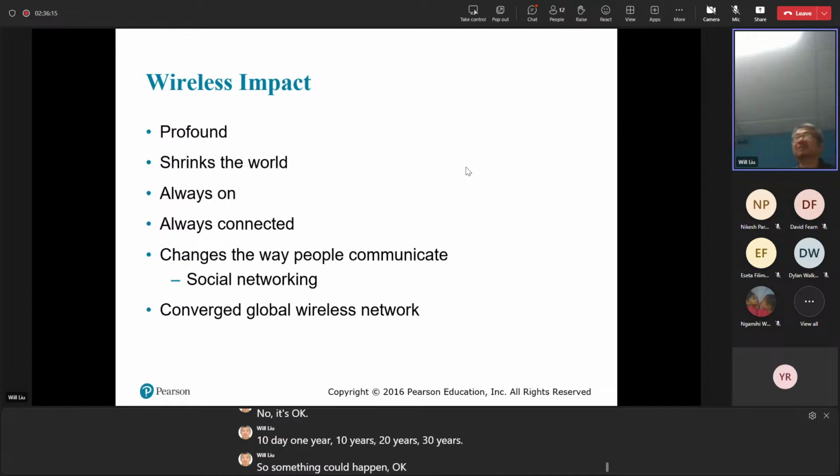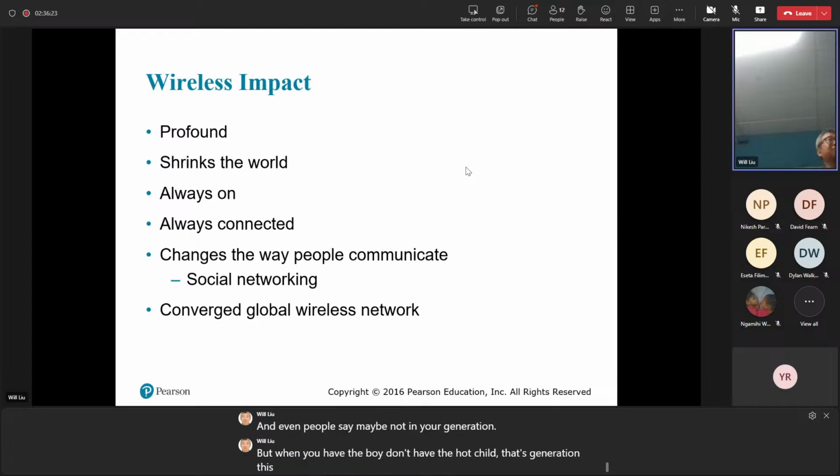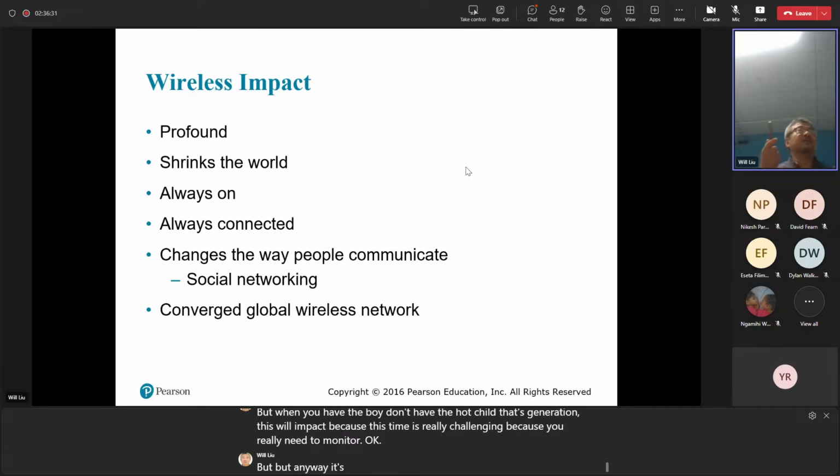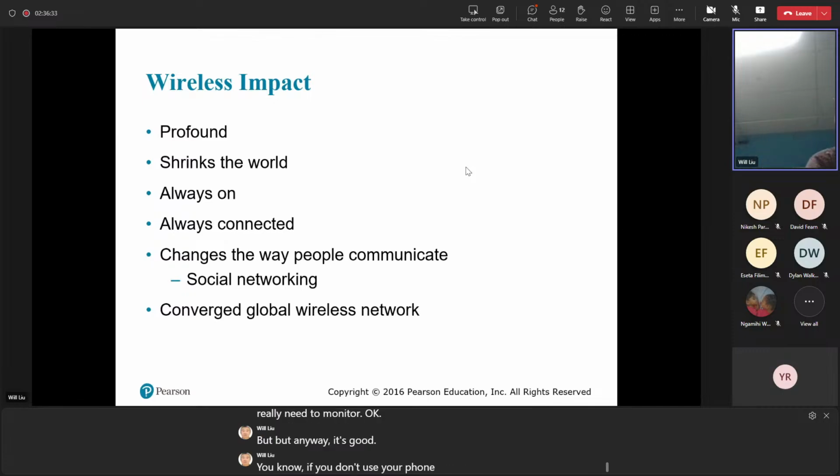People even say maybe not in your generation, but when you have a child, the next generation, this will impact them. This study is really challenging because you really need to monitor. But anyway, if you don't use your phone, just put it aside, because it's sending something that is not good for health.